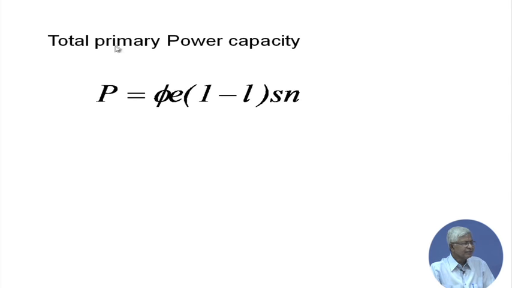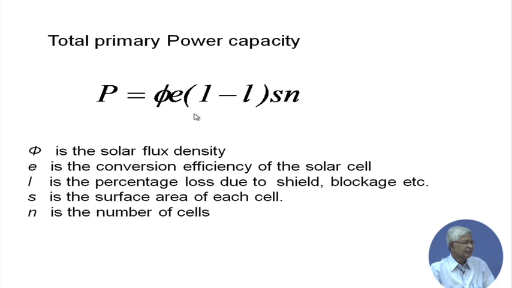So with all these different factors, the total primary power which is coming from the solar cells can be expressed in terms of solar flux density and the conversion efficiency E. Then there is a certain percentage loss due to the shielding which is done, as well as certain shadows that might be falling onto the solar cell.